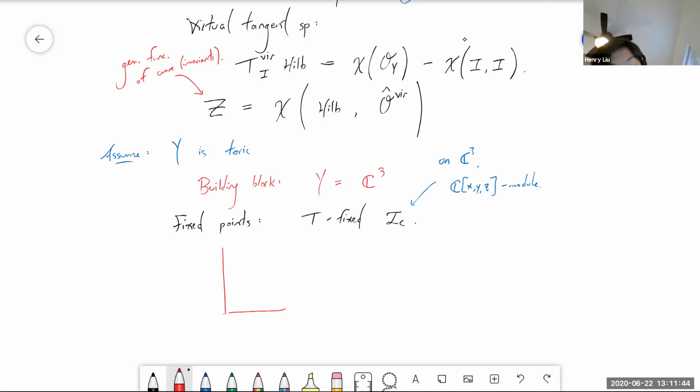You can say, I'll look at the weight space. So this is X, Y, Z. And for every monomial inside this sheaf, so let's say you have a monomial x^i y^j z^k.